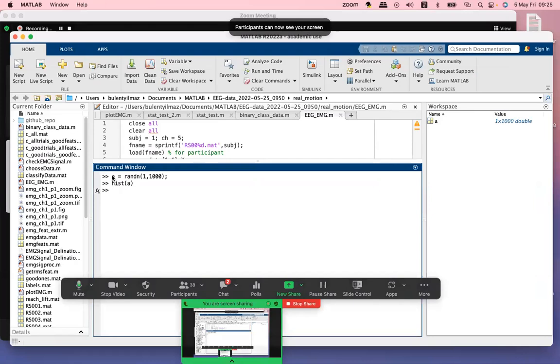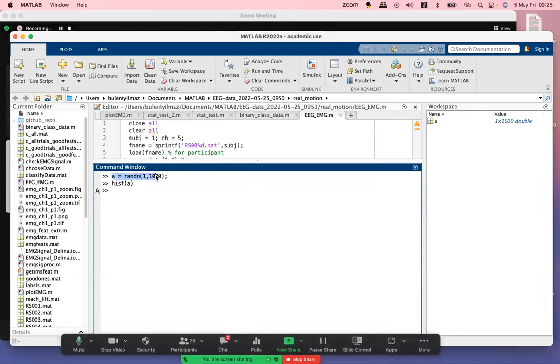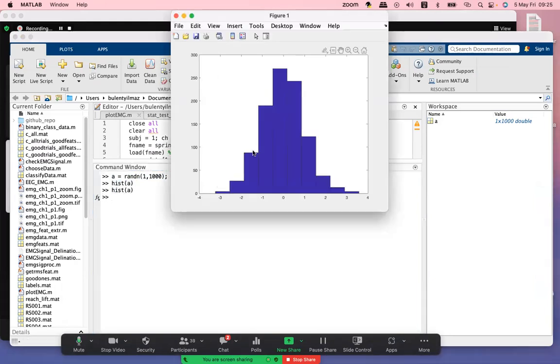So now here in a randn function, it generates a normal distribution, 1000 random numbers, and assigns it as A, and you can plot the histogram. Let me plot it again and show you what is the distribution of this randn function. The randn function generates a mean, the expected value, of 0 and variance of 1.